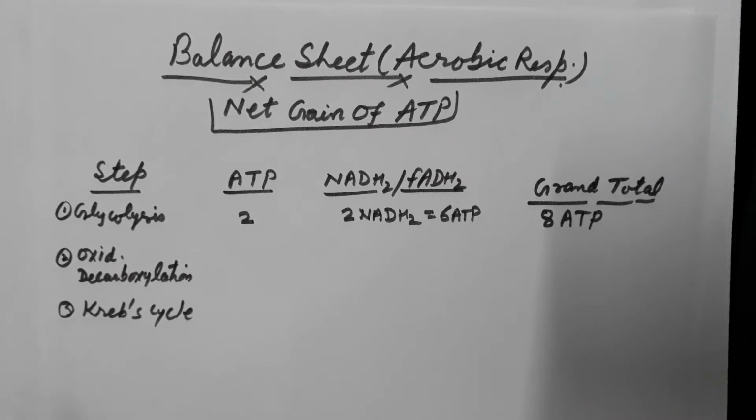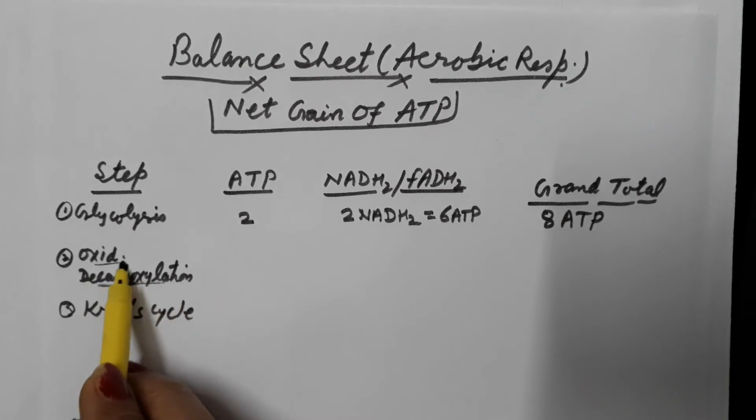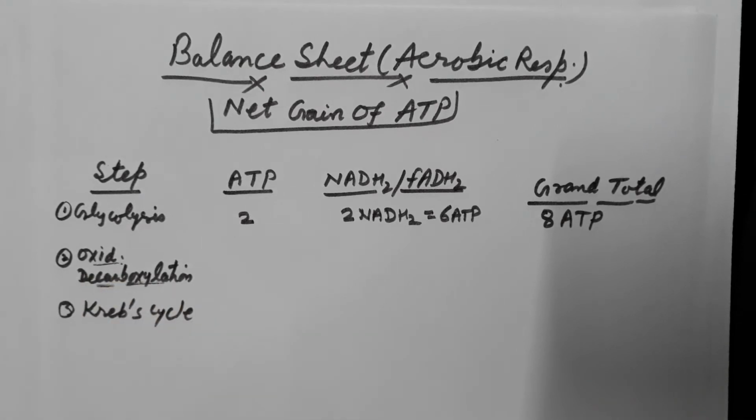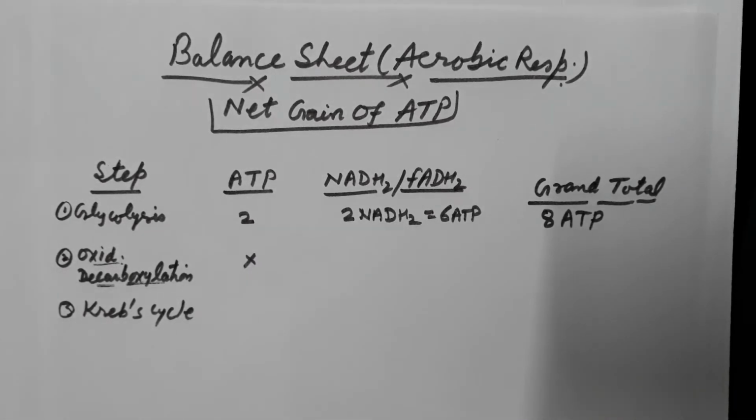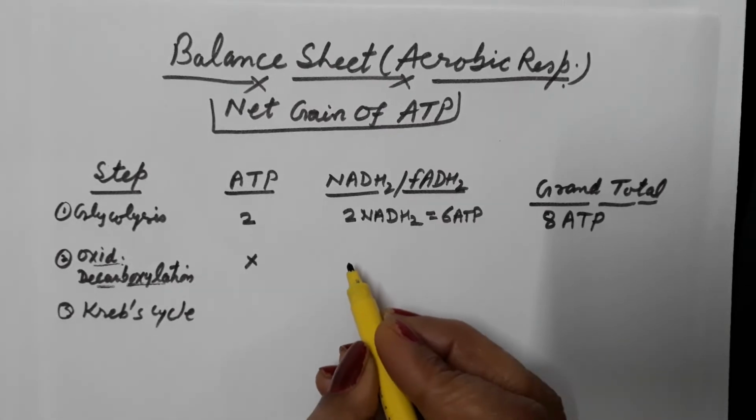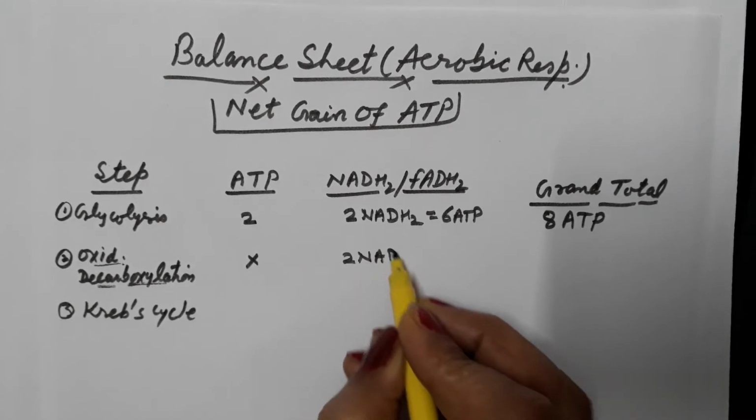In oxidative decarboxylation, the second step of aerobic respiration, ATP is not produced directly. From glycolysis, 2 molecules of pyruvic acid are produced, and in oxidative decarboxylation 2 molecules of pyruvic acid are converted into 2 molecules of acetyl coenzyme A, and here we gain 2 molecules of NADH2.